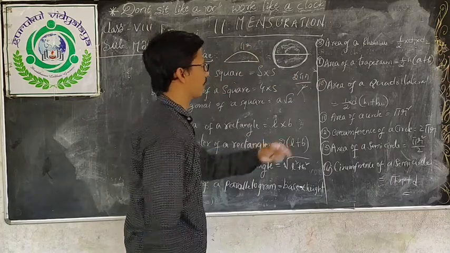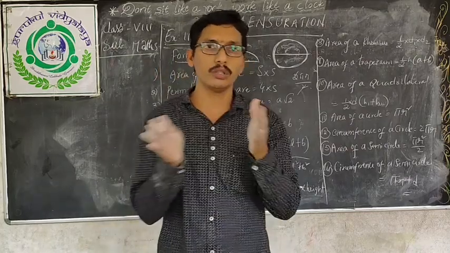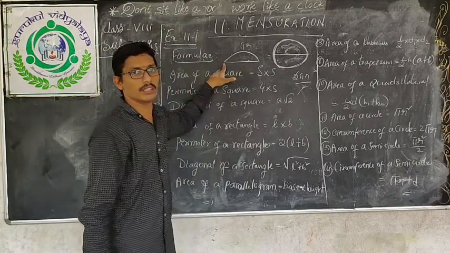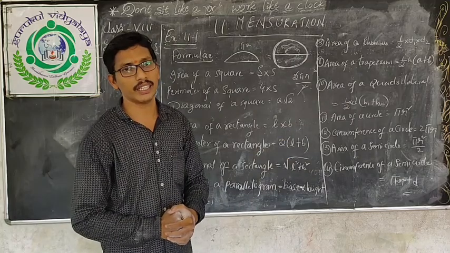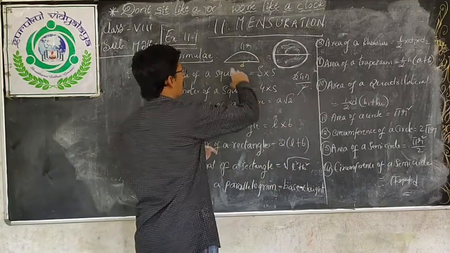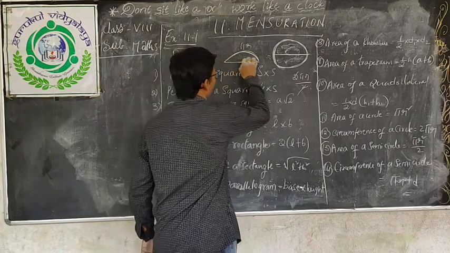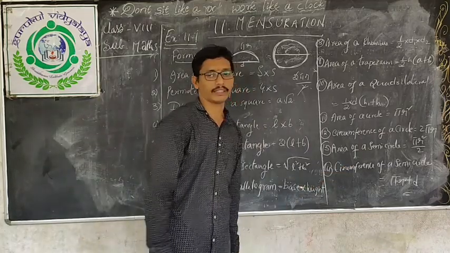Then how will you get d? While cutting the complete circle into two equal parts, one edge will be formed. That edge we call the diameter. So this is d. Up to here is a pi r length, and this is the length of the diameter. So pi r plus d you will get.